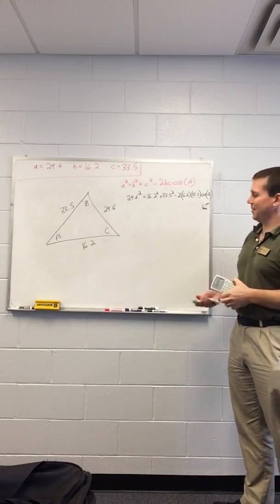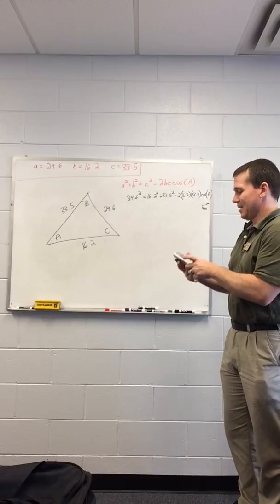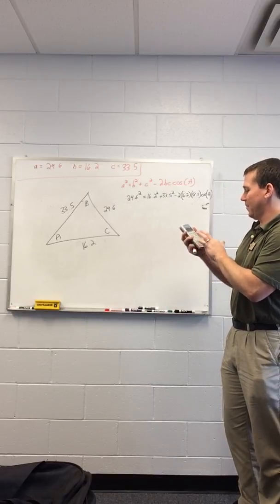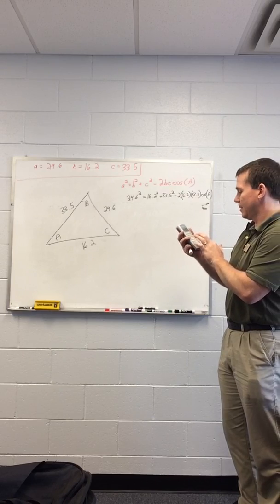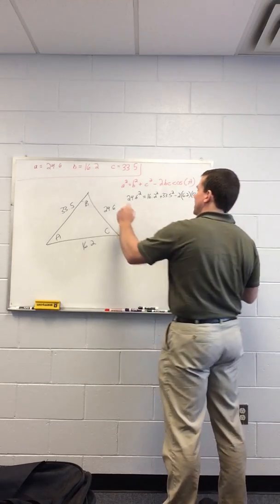Now, pull out your calculator and do a lot of fun calculations. So, let's see, we get 24.6 squared is 605.16.